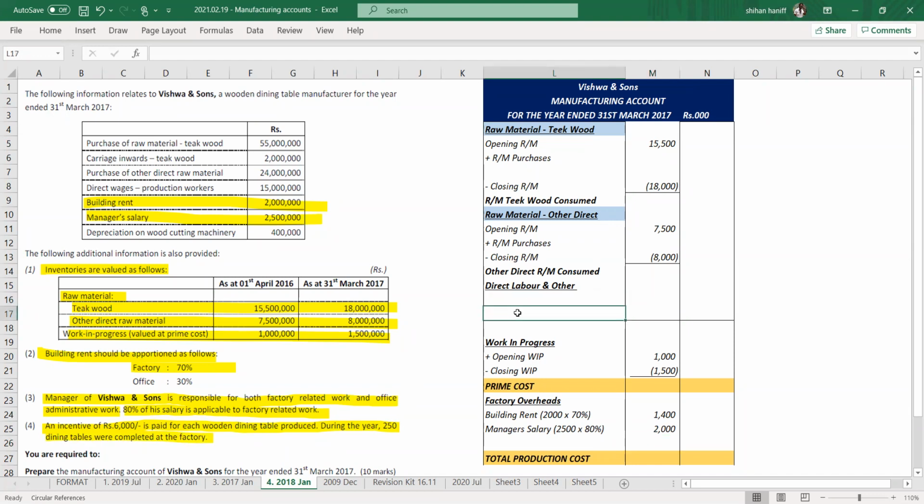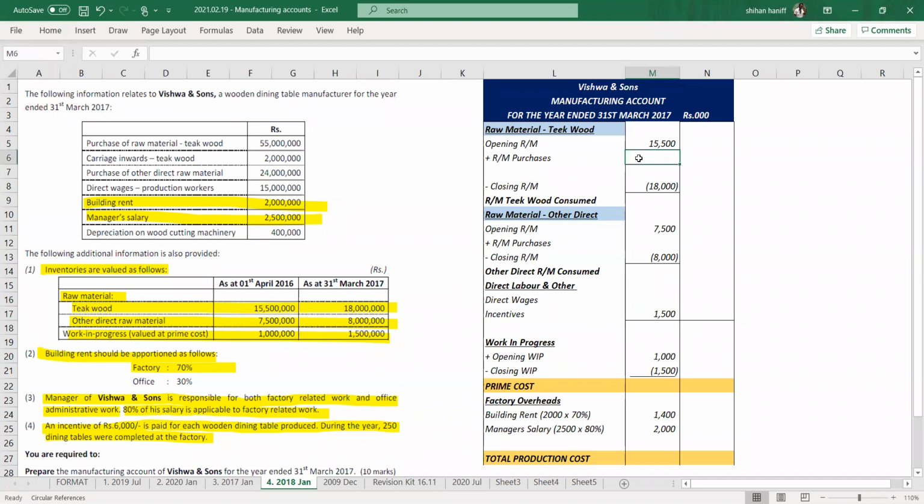Other than the direct wages, there are incentives. It's 6,000 into 250, 1,500.